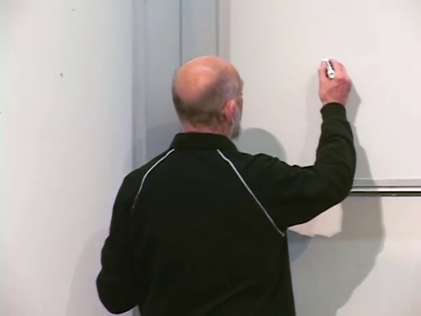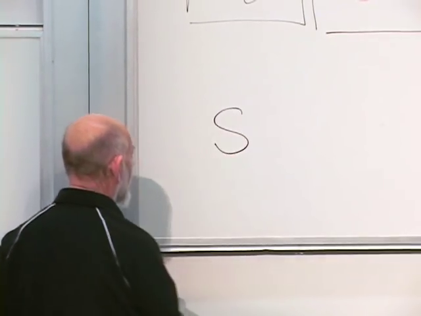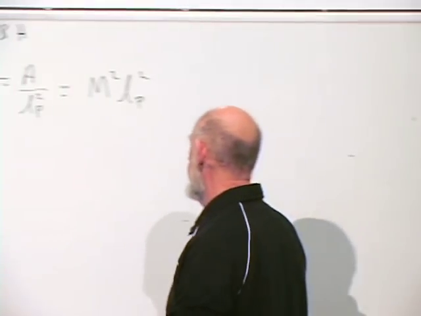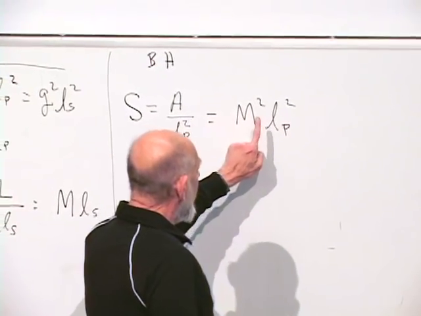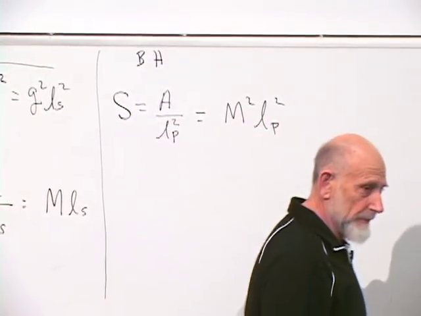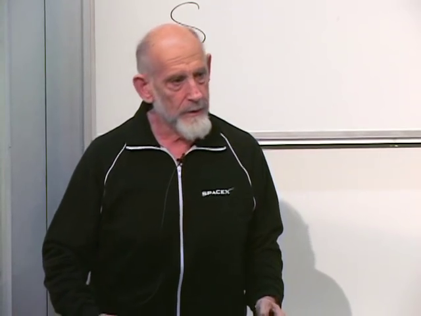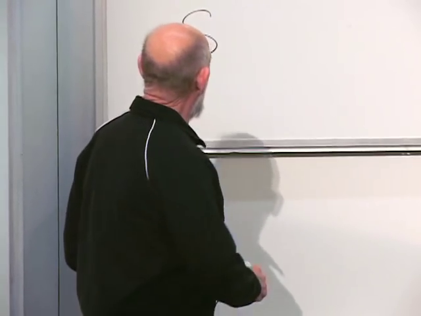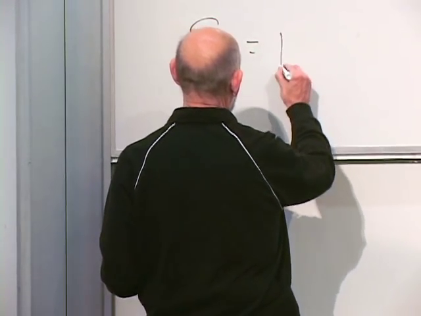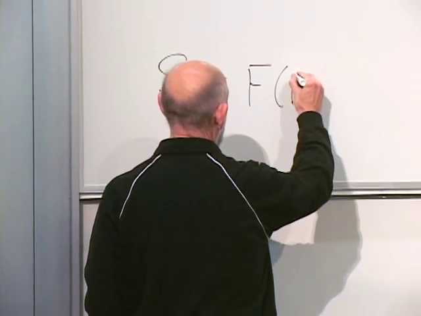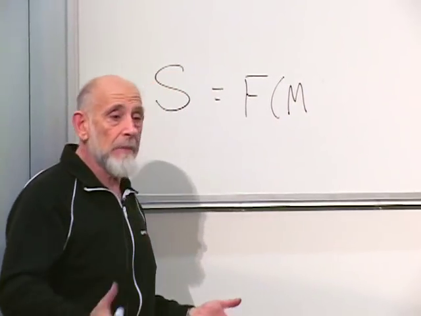Let's start with the entropy of a black hole. Now here's the formula. M squared L Planck squared. Entropy is dimensionless. The entropy of a large black hole, what can it depend on? The question is, what can it depend on? And of course it can depend on the mass. But mass is not dimensionless.